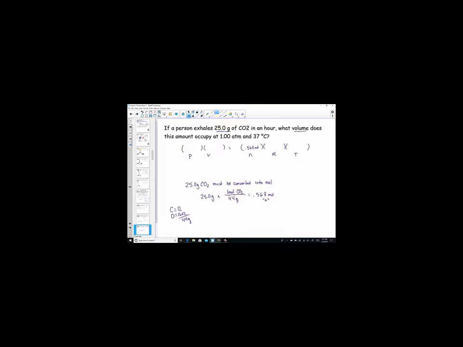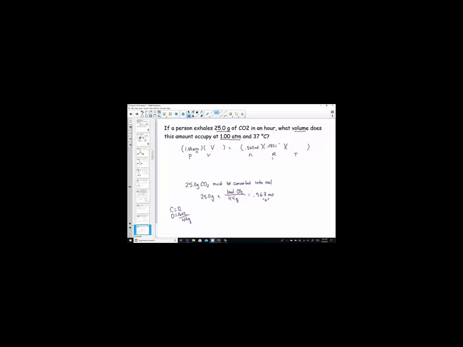What volume, so that's going to be my target variable, does this amount occupy at 1 atmosphere? Well, that's a pressure unit. And as soon as I know atm, I also know R. R has a value, a constant you must remember, as 0.0821. I told you it reminds me of August 21st.